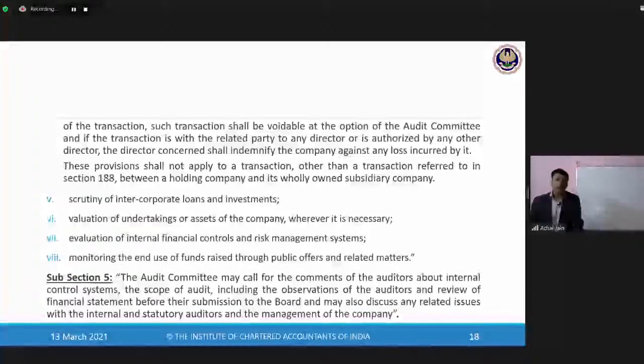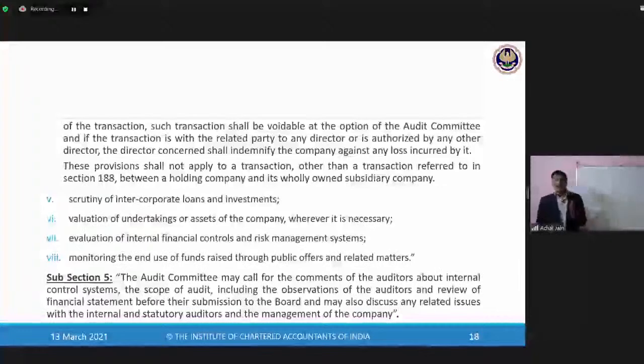Now this is about the auditors, internal controls, etc. Subsection 5. So what does it say? Audit committee may call for the comments of auditors about internal control system, scope of audit, including the observations of the auditors, review of financial statements before their submission to the board, and may also discuss any related issues with the internal and statutory auditors and management of the company.